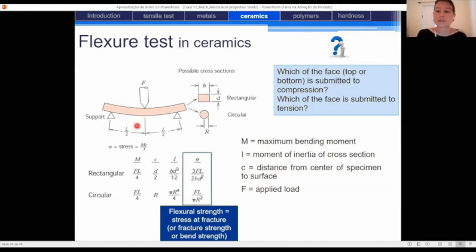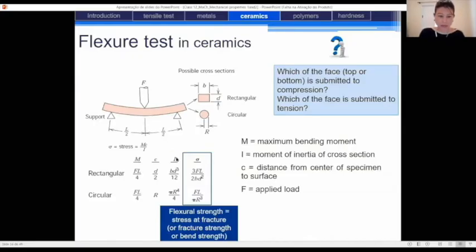The result is that under this load, the bottom part will break, and so we will be able to determine the flexural strength, which is the stress at fracture. This stress at fracture, in fact, depends on three things.